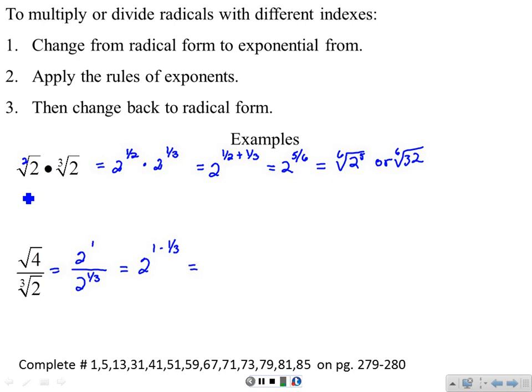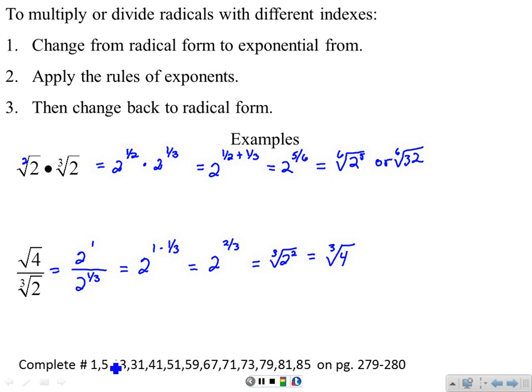And again, you can put that in your calculator, so you have 1 minus 1/3, and you're going to get 2 to the 2/3. But again, make sure, since you started with radicals, you change it back to a radical. So you're going to have the cube root of 2 squared, and if you want to go ahead and finish that out, it'd be the cube root of 4.